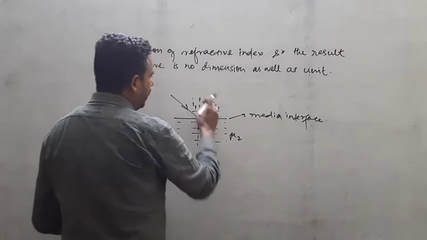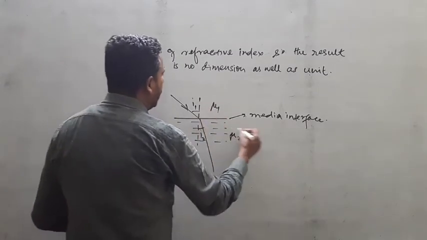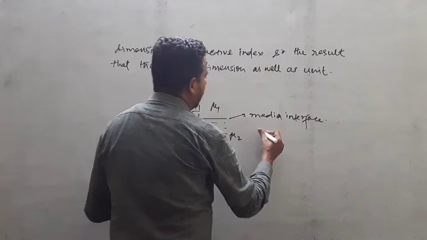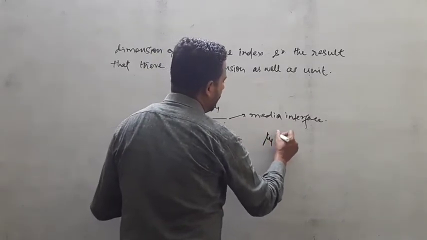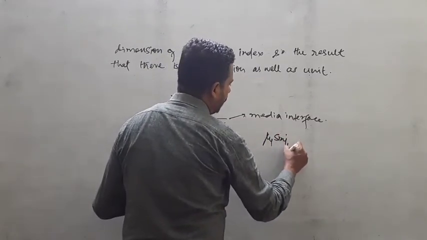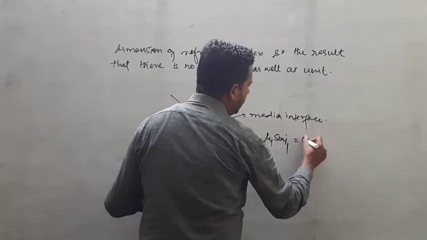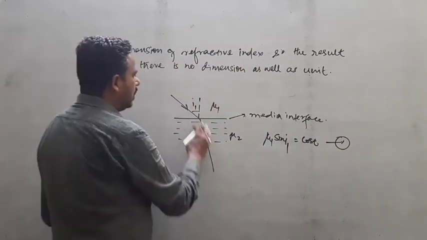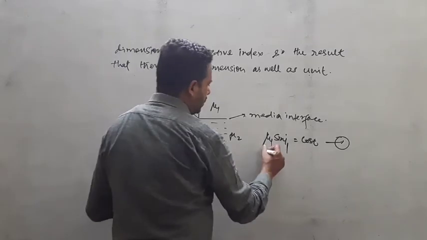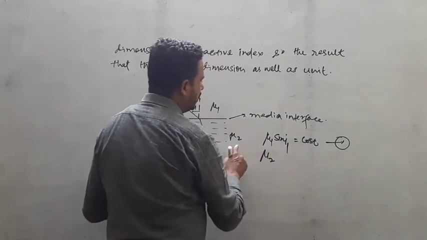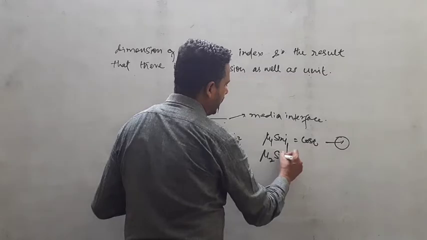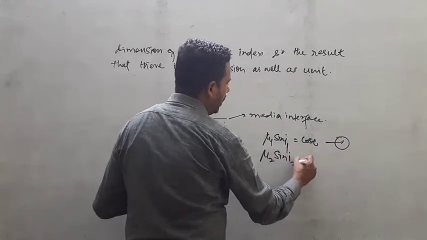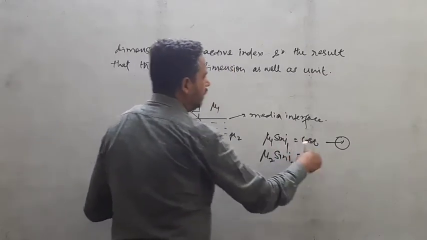So mu1 sine I1 is equal to a constant. Make it equation 1. Accordingly for the second medium, the refractive index is mu2 and the angle is I2, and mu2 sine I2 is also a constant.